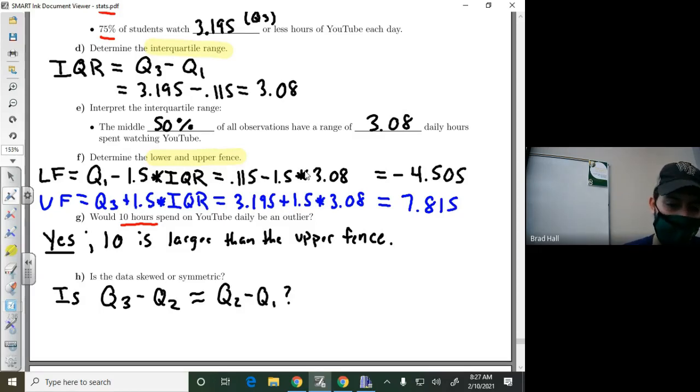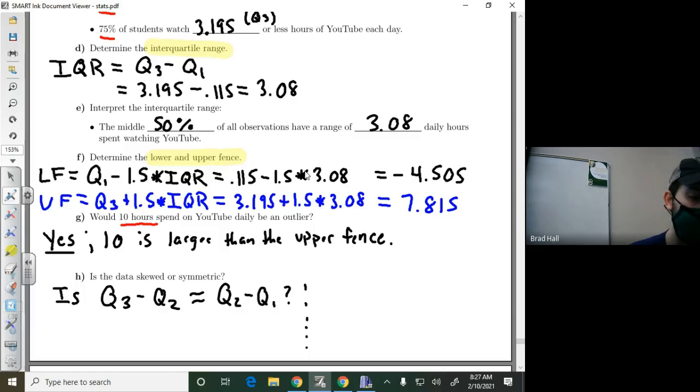When I say Q2, I mean the median. They go back and forth between that notation, but Q2 is the median, so don't get too confused by that. Yes, that's what you ask yourself until we get a visual representation, which we'll see later on in this section.